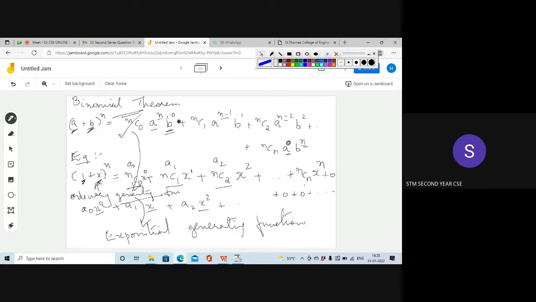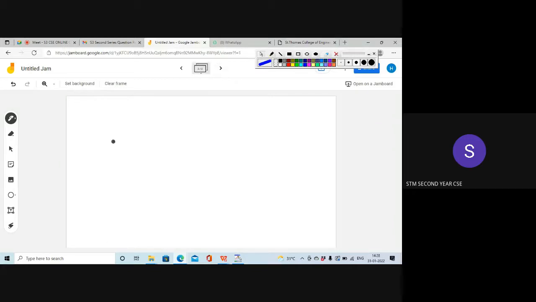So first write the binomial theorem, then write the formula for (1 plus x) the whole raised to n in this series, and you will get the ordinary generating function. From this ordinary generating function, I can generate the exponential generating function corresponding to this binomial series. Okay, so we had generated the ordinary generating function. Now, what will you do? Or how can we convert this to an exponential generating function?